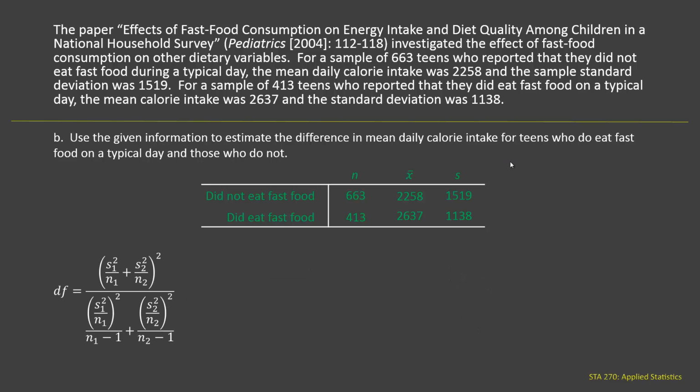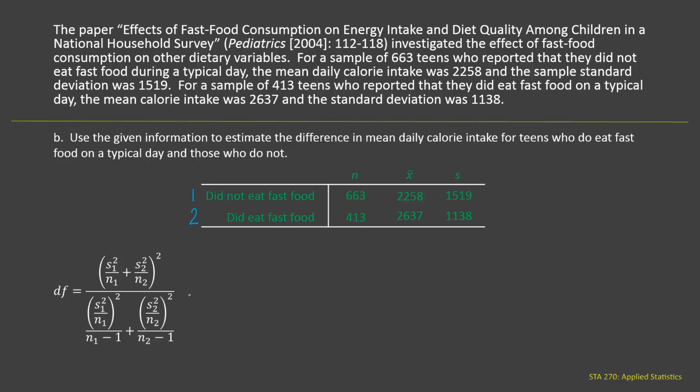So let's go ahead and fill in some information into our degrees of freedom formula here. To start with, let's label this group 1 and this group 2. So this would be our n1, this would be our x bar 1, and this would be our s1. Similarly for group 2 there.